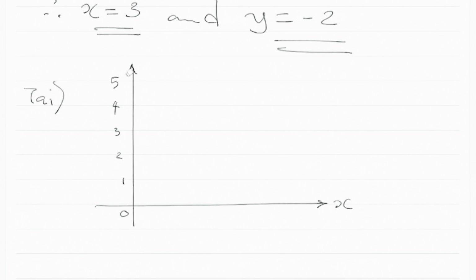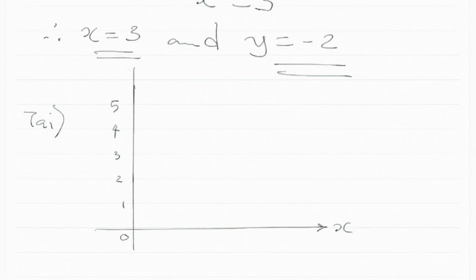Let's extend the line. Then we have the y there, and on the x-axis we have 1, 2, 3, 4, 5, and 6. So there are lines there.